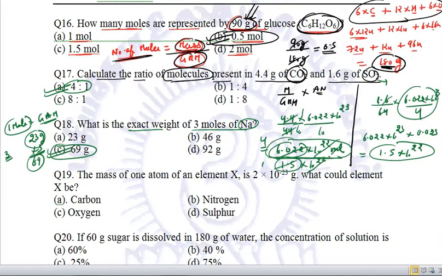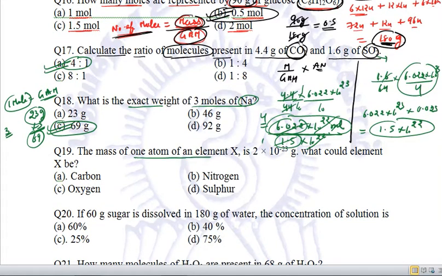The mass of one atom of an element X is 2 into 10 to the power minus 23 gram. What could the element X be? So in order to know the element X, we need to relate what is the mass of 6.022 into 10 to the power 23 atoms, because that will be equal to gram molecular mass, and by knowing the gram molecular mass, we'll be able to relate which atom it is, right?